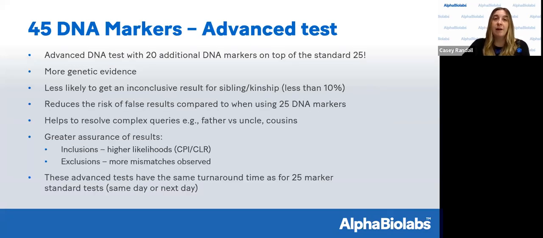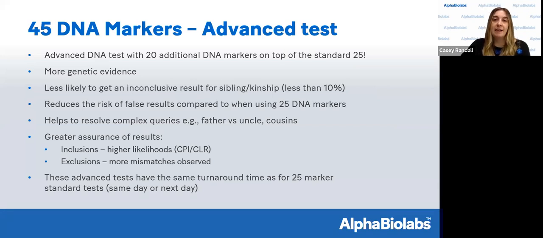The 45 marker test, our advanced test in comparison, has an additional 20 DNA markers on top of the standard 25. It gives us more genetic evidence, which means we're less likely to get an inconclusive result. For sibling and kinship cases, this goes down to less than 10%. And it also reduces the risk of getting a false result compared to when using 25 markers.